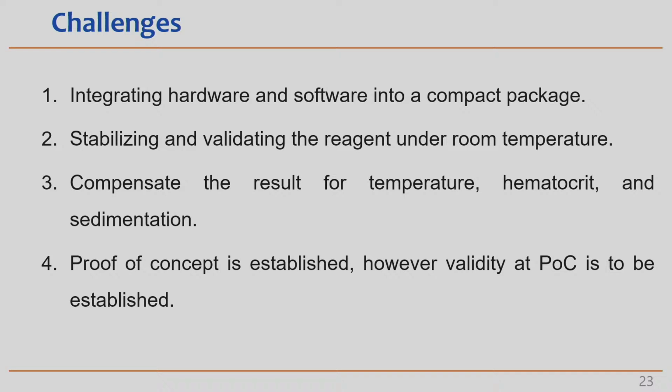The other thing is that whatever impedance results we are looking at, we have to compensate these results, because the result changes with temperature, hematocrit and sedimentation. We are also trying to build a compensation algorithm on that.